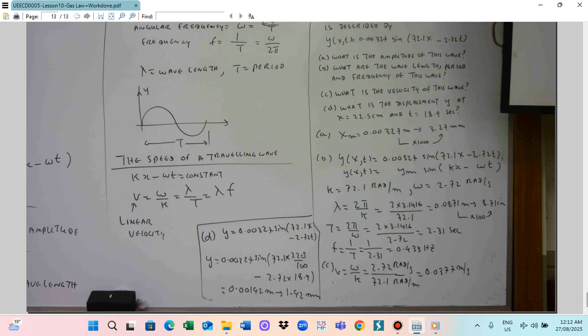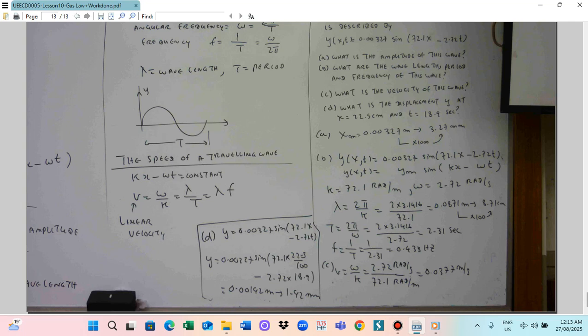y is equal to 0.00327 sin(72.1 times x. The x value is given as 22.5 centimeter, so 0.225 meter, or 22.5 divided by 100, minus 2.72 times t. The t is also given as 18.9).